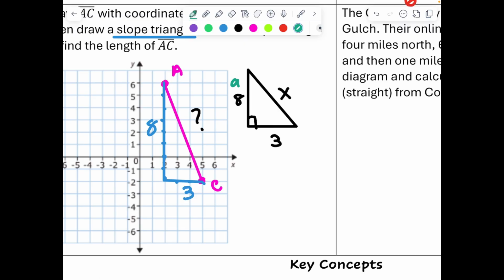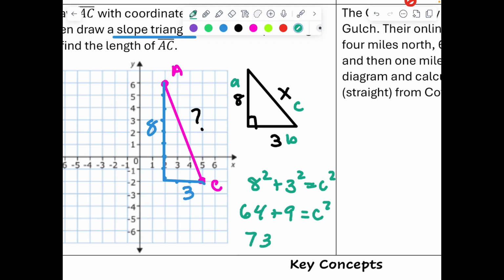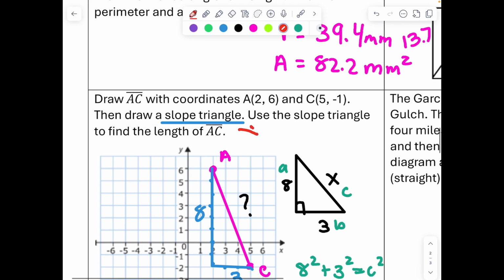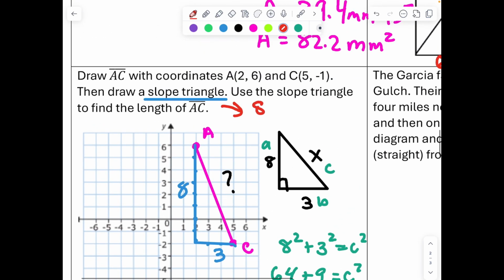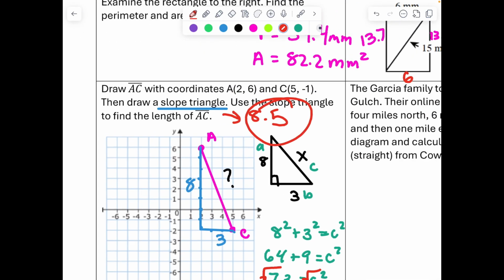I'm going to label my sides A, B, and C. So 8 squared plus 3 squared equals C squared. 64 plus 9 equals C squared. So this is 73 equals C squared. I can take the square root of both sides, and I'm going to have to use my calculator for the square root of 73. But I end up getting 8.5 as C. So this distance right here, the length of AC, is 8.5.